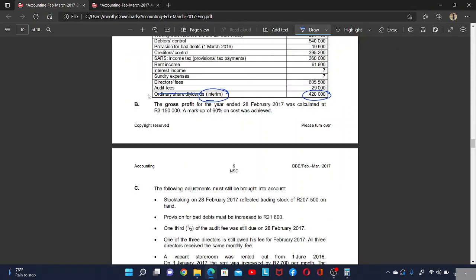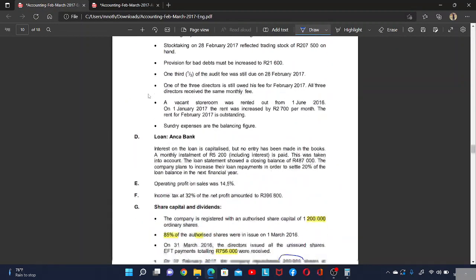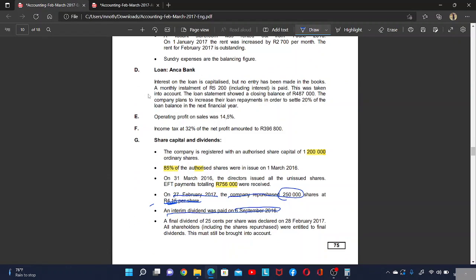And then we have the final dividends. What are they saying about the final dividends? A final dividend of 25 cents per share was declared on 28 February 2017. All shareholders, including the repurchased, were entitled to the final dividends. This must be brought into account.